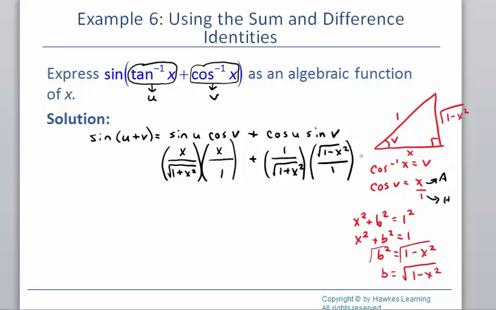Now, let's look at what we can do to simplify. For our first set of fractions, x times x is going to be x squared. And for the denominator, we'll be multiplying the square root times 1. For our second set of fractions, on the top, we'll multiply 1 times the square root. So that's just going to leave me the square root. And on the bottom, we'll have the square root of 1 plus x squared times 1.